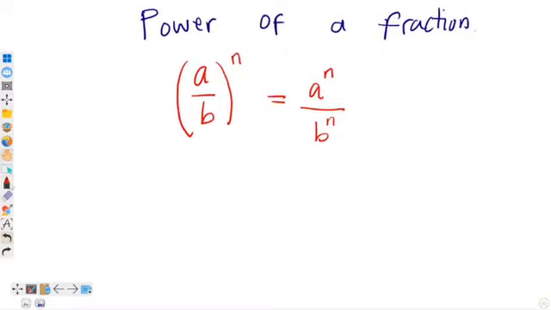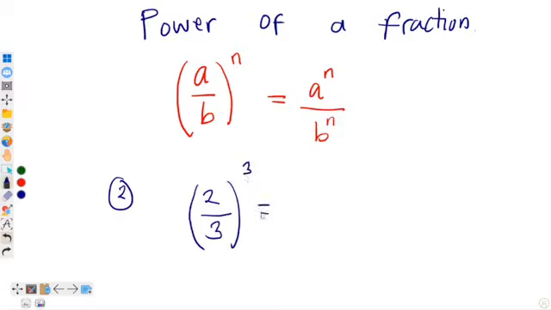Another example that we can look at. Let's say you have 2 over 3 in brackets. This is your fraction that will be raised to the power of 3. This means that 2, which is the numerator, is going to have the power of 3, and this 3, which is the denominator, is also going to have the power of 3.